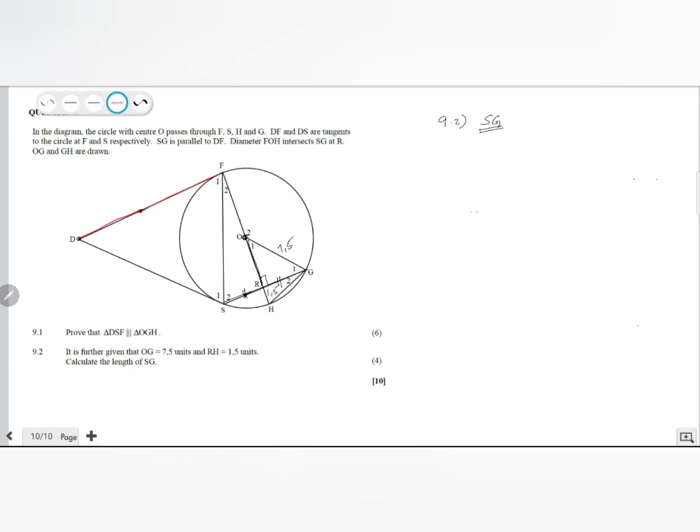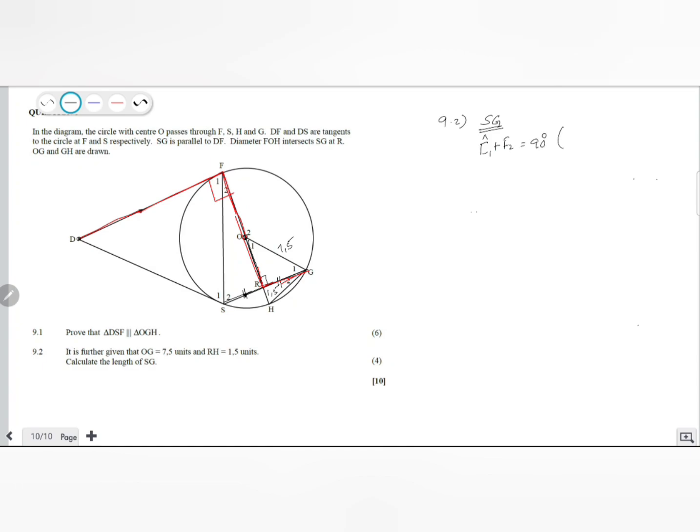We know that this, look at here, I will show you with the red ink. Did you see alternate angles? This is the alternate angle, isn't it? So this one is 90 degree. What is the reason? The angle between radius and tangent, and we can see that is equal to R. So alternate angle is going to work. So we can say that ORG, or we can write it F1 plus F2 is equal to 90 degree.